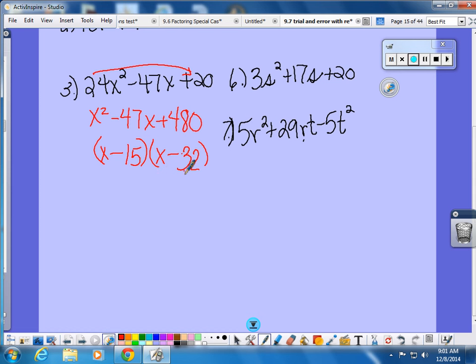So now she's going to divide by 24, reduce what she can. So 3 will go into both of those, so that'll be x minus 5/8. Put that in parentheses. And then 8 will go in the next one, x minus 4/3. And then do bottoms up.